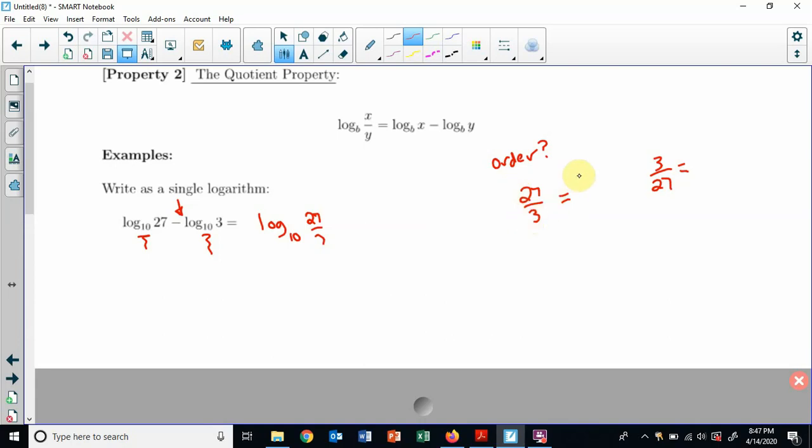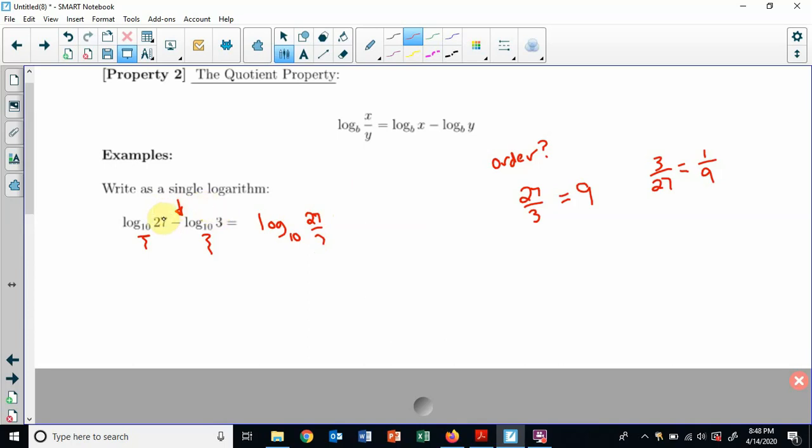But 27 divided by 3 is 9, right? 3 over 27 is 1/9. Very different. If you have $9, you can go and take your friends to McDonald's off the dollar menu. If you have 1/9 of a dollar, you can't even go buy yourself something off the dollar menu. That's not even a whole dollar. So order is important.